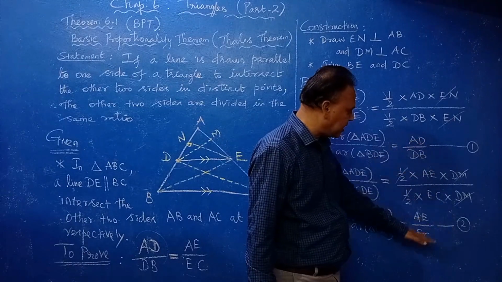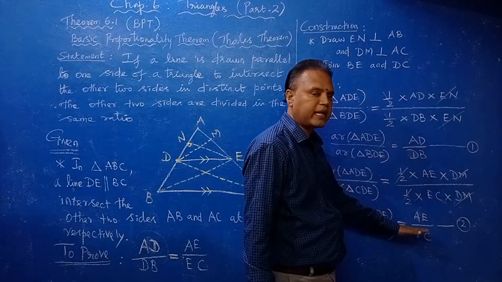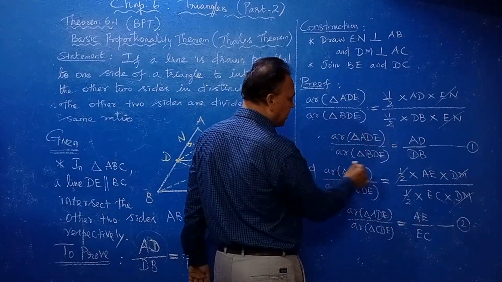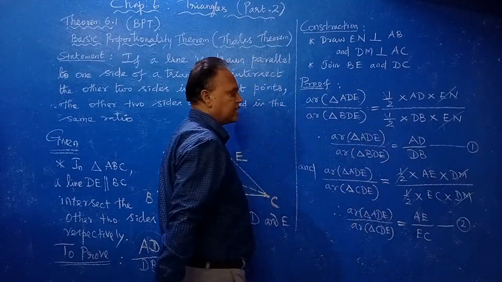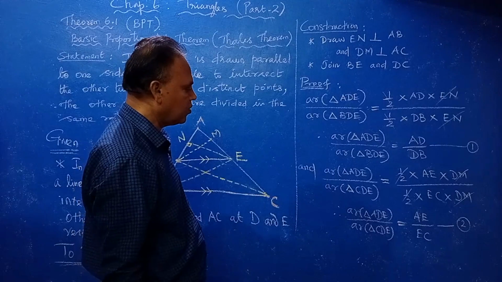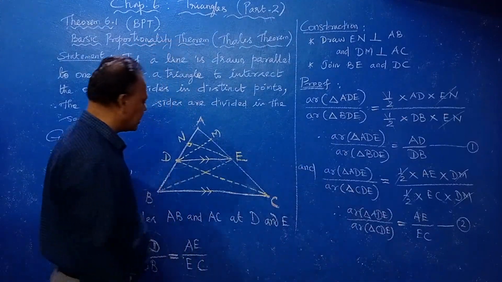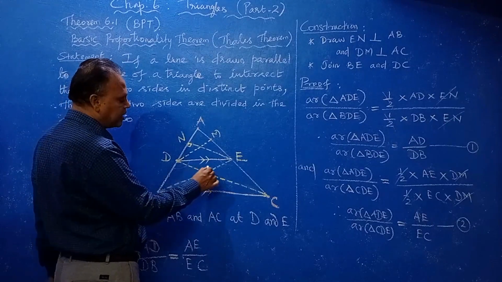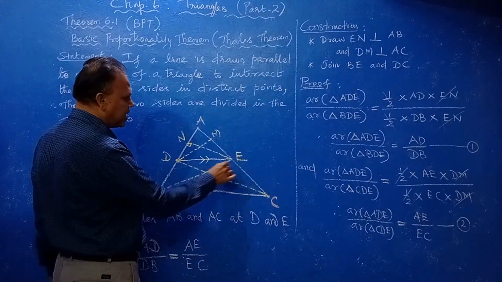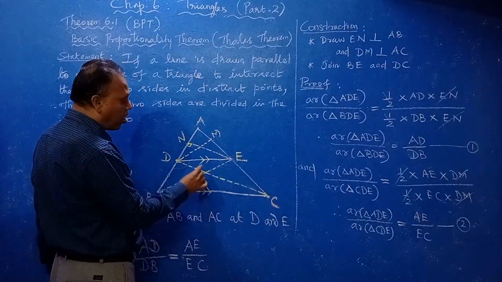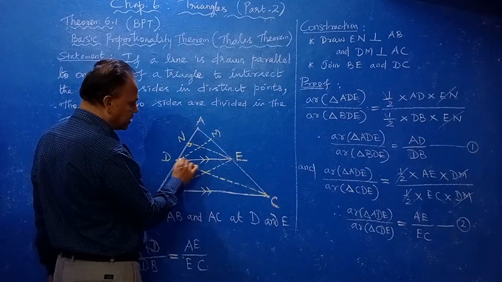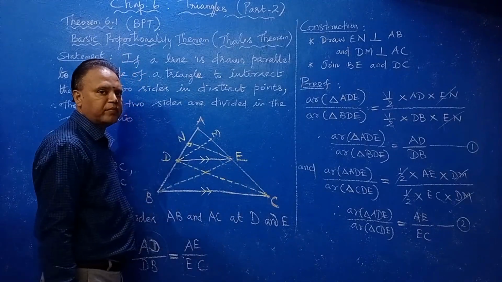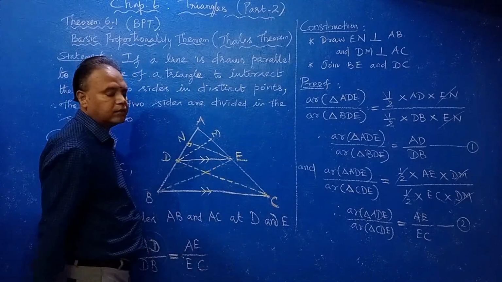That means you have to make the right hand side equal. First you make the left hand side equal, then automatically the right hand side will be equal. For that, in 9th class you have studied one property. Two triangles, that is triangle BDE and triangle CDE, are on the same base and between the same parallels, means both areas will be equal.